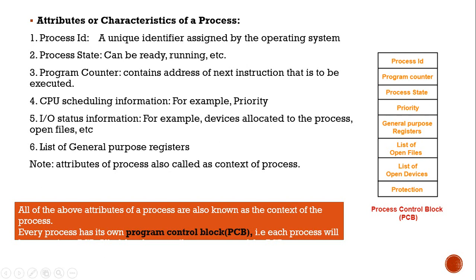On the right side you can see a block where we have all the attributes of the process. Now this block is called process control block, in short PCB. Every process has its own process control block, and this PCB resides in main memory.